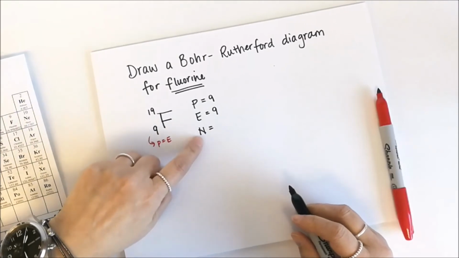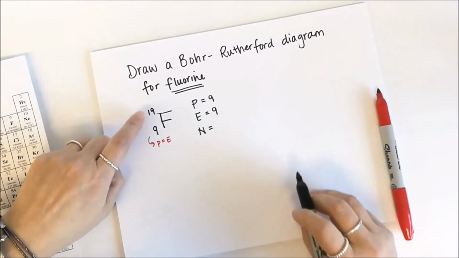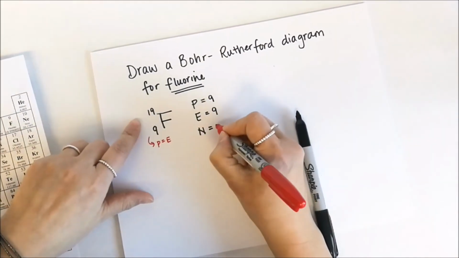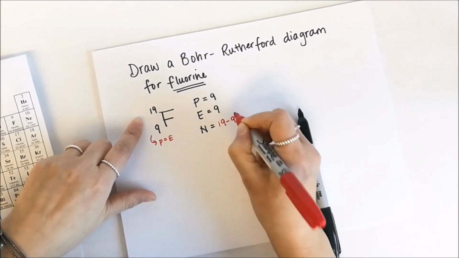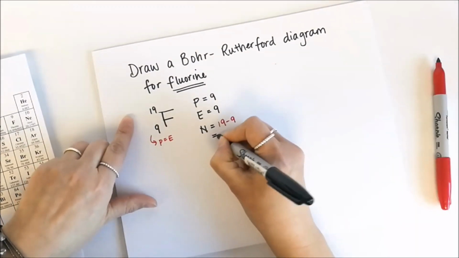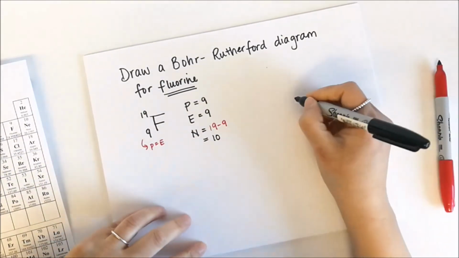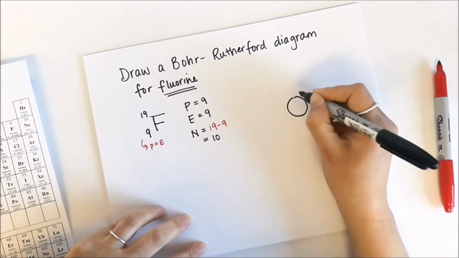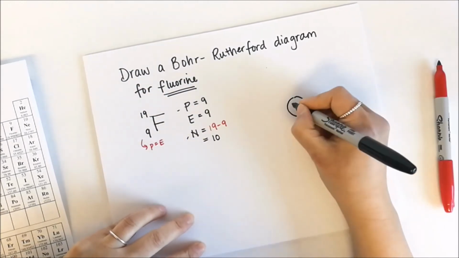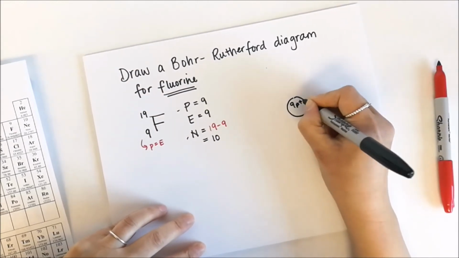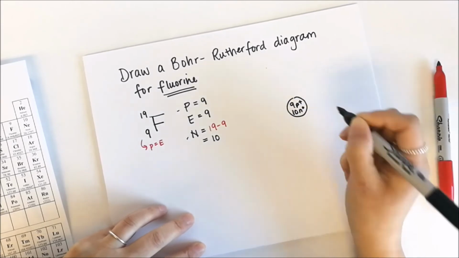Now my N number, the number of neutrons, is the one that I have to subtract. So I have to go 19 minus 9. The number of neutrons in this case will be 10 in total. Now I draw my nucleus. Inside my nucleus, I have the P and the N. So I have 9 protons and 10 neutrons.